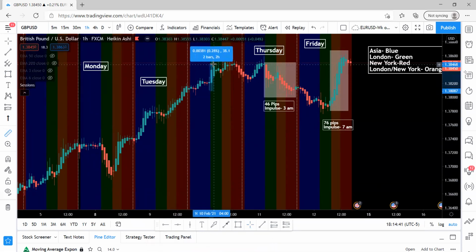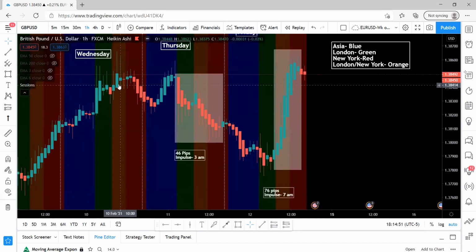Here, this looks like a good one. This is 42 pips. Here, you don't really want to include this because right here it starts to consolidate. If I make it a little bigger, you can see that it starts to consolidate in this area. You can even bring down the impulse to here, but it consolidates a little bit right here.